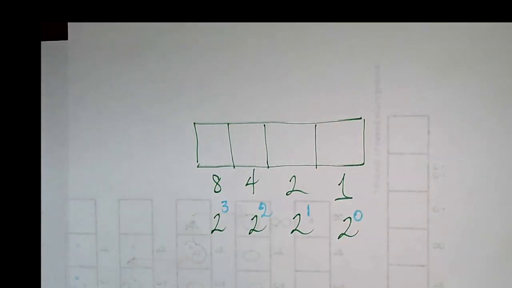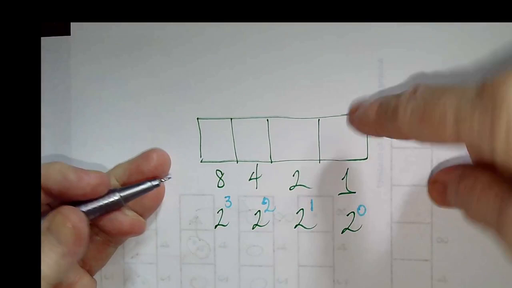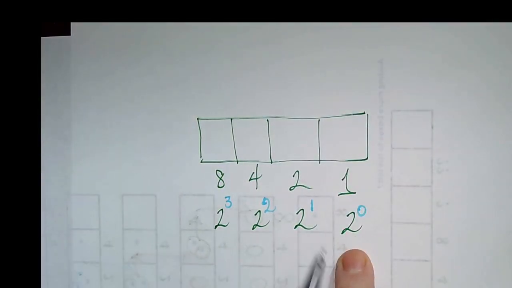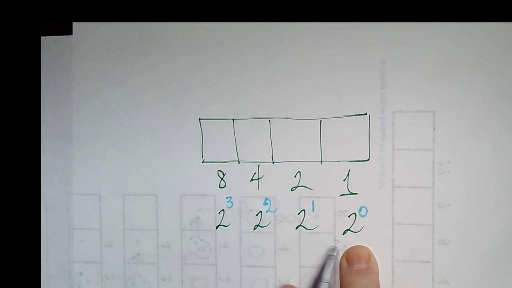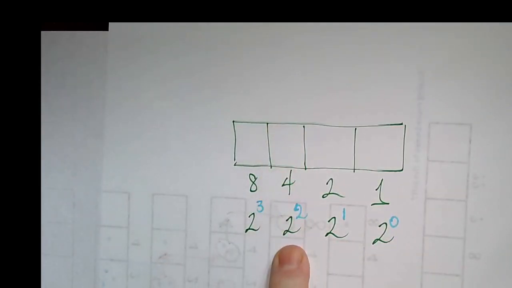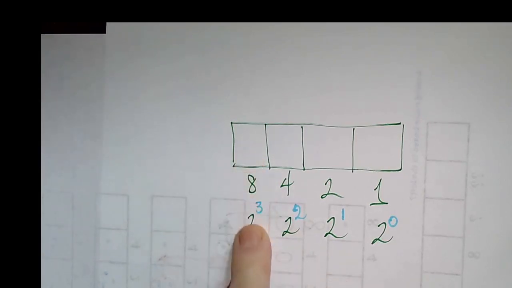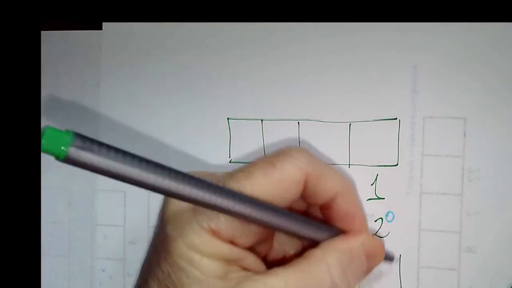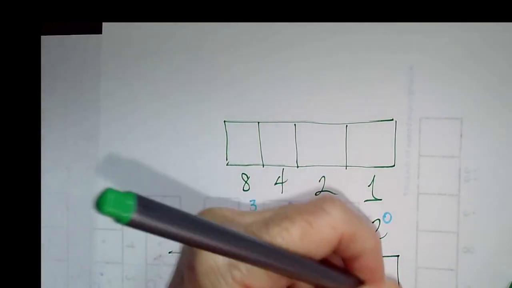So now I can write the 1's place as 2 to the 0's place, the 2's place as 2 to the 1's place, the 4's place as 2 squared's place, the 8's place as 2 cubed's place, and now it's easier to see going forward. And let's just connect this really quickly with what we know of base 10.